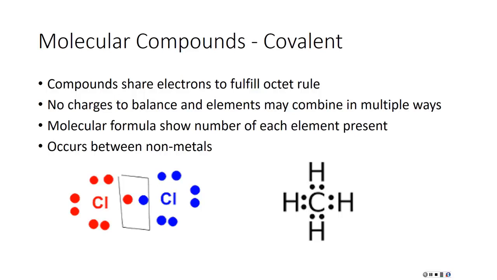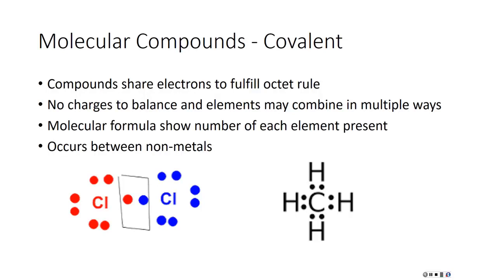Oxygen is still missing 1, but the carbon is still missing 2. I have another bromine to place, which is helpful. But with this type of arrangement, I need to form a double bond here, and then put a bromine on this side. And that's going to fulfill my octet.